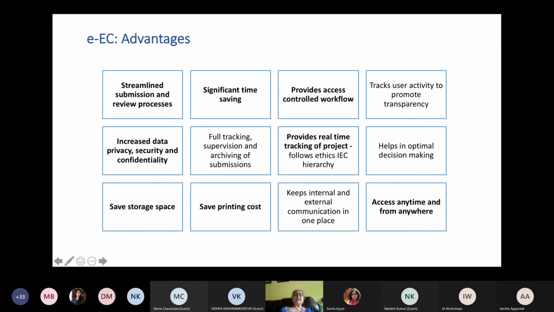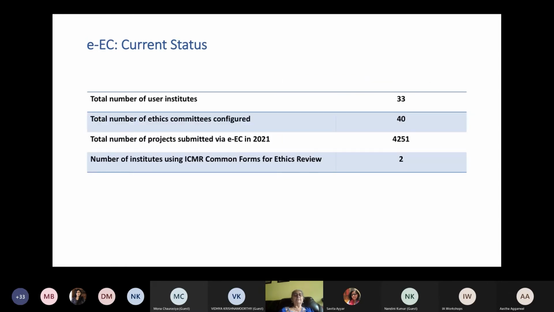There is full tracking, supervision, and archiving of submissions, and it provides real-time tracking of projects following the Ethics Committee IEC hierarchy, helps in optimal decision making, saves storage space, and brings tremendous saving in printing costs. It keeps internal and external communication in one place for the sponsor, the investigator, as well as the ethics committee, and you can access it anytime and from anywhere. You can access it from your own laptops.